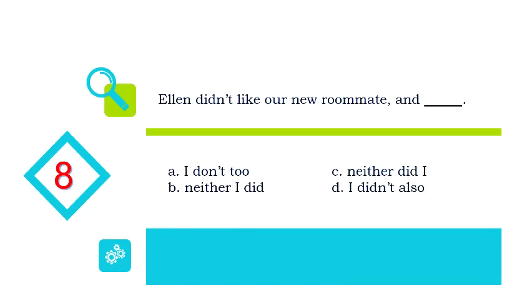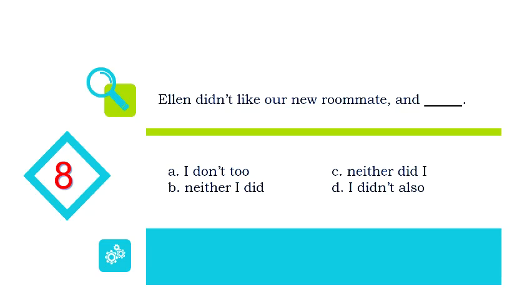Number 8. Ellen didn't like our new roommate and blank. A. I don't too. B. Neither I did. C. Neither did I. D. I didn't also.